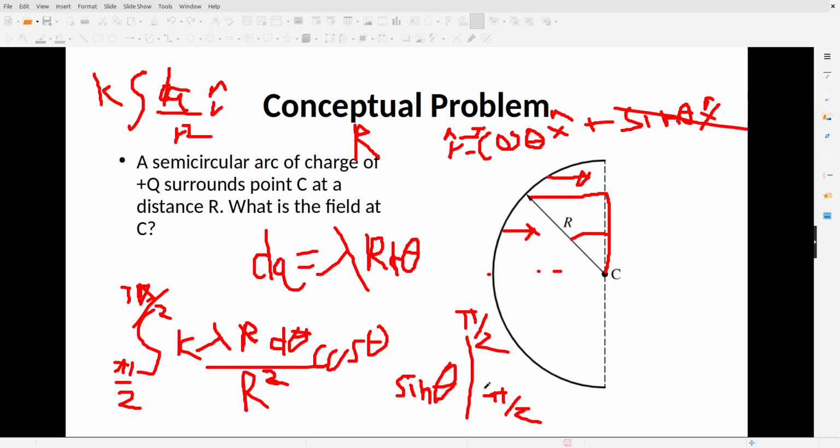And we have 1 minus negative 1, which is 2. So when it's all said and done, we get 2k lambda all over r.